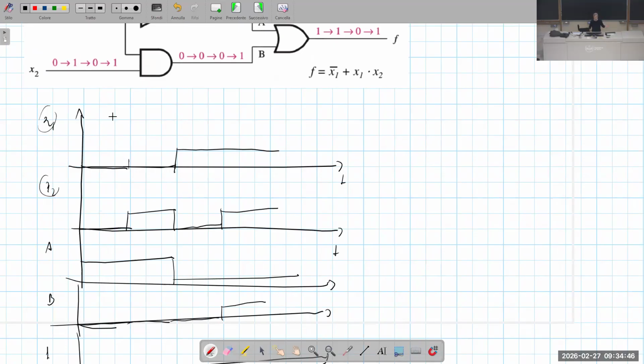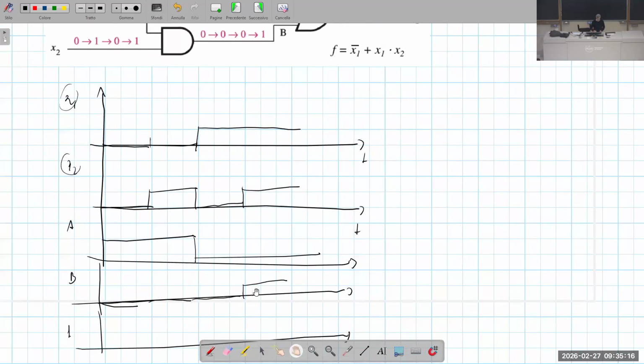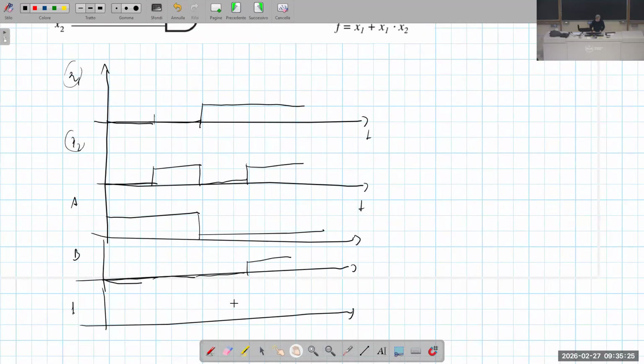Then, taking advantage of the external inputs and of the outputs of the gates calculated in the first step, we can evaluate the outputs of the next level of gates till we reach the external outputs, in this case F. For instance, the inputs of the OR gate are the A and B signals that we have evaluated here, and based on that, we can finally get the value of F.